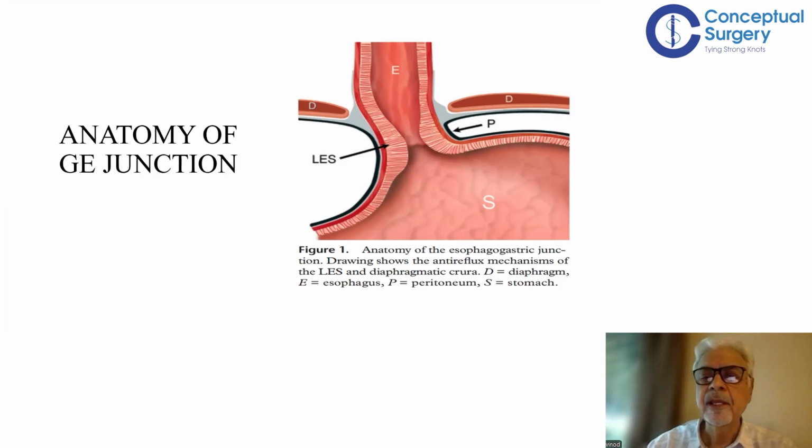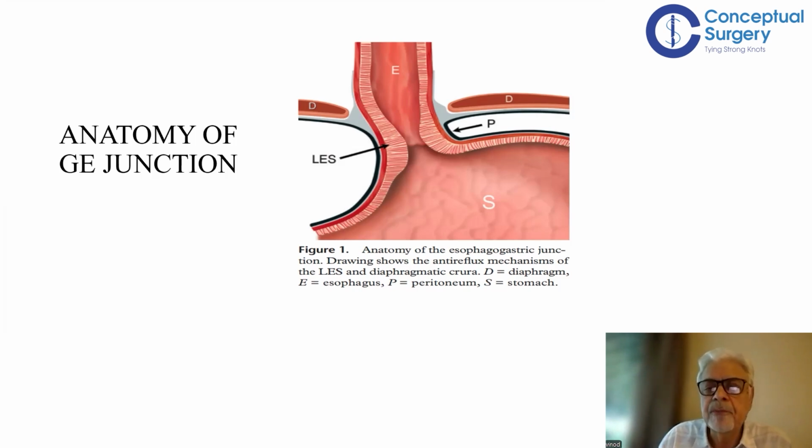Again, three important points that we would need to remember here would be that we should have a good length of esophagus and that we have to restore the pressure. And this pressure, as I mentioned, should be restored in a terminal 3 centimeter or so, and that whatever we create should remain within the domain of the abdomen.